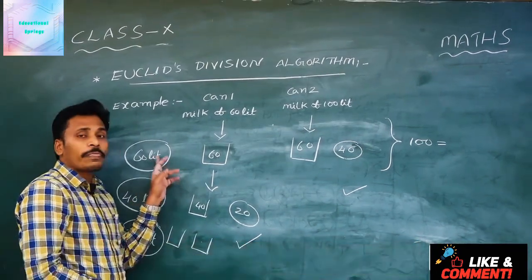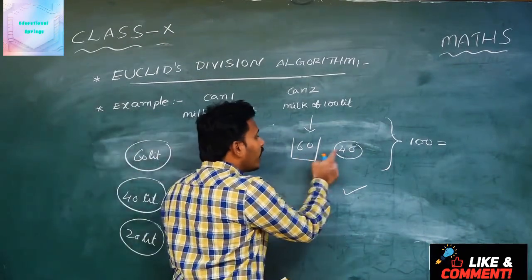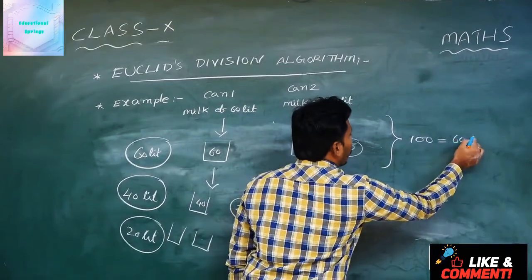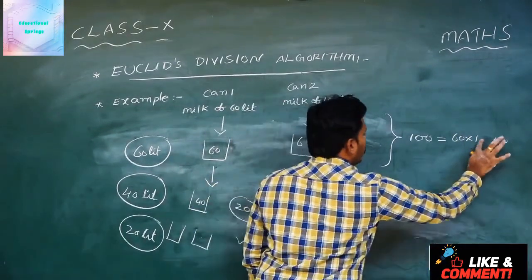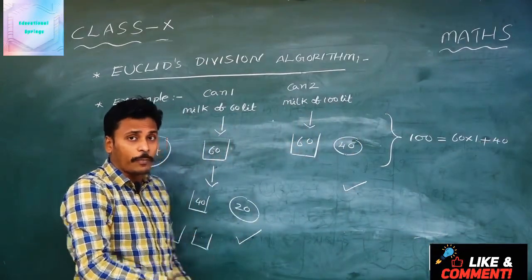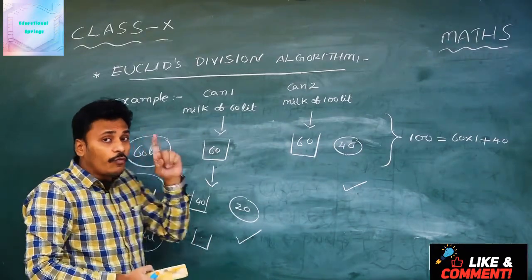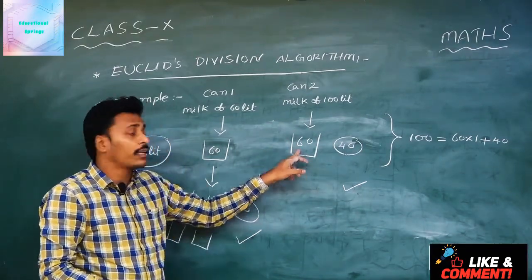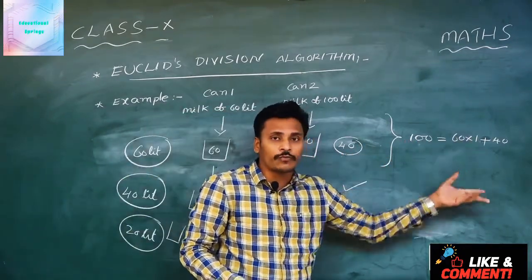With the 60 liters jar, in 1 turn it leaves 40 liters. So 100 equals 60 into 1 plus 40. Is it right? Since its capacity is 60 liters, in 1 turn it measures 60 liters, but we are left with 40. That is nothing but 100 = 60 × 1 + 40, right?